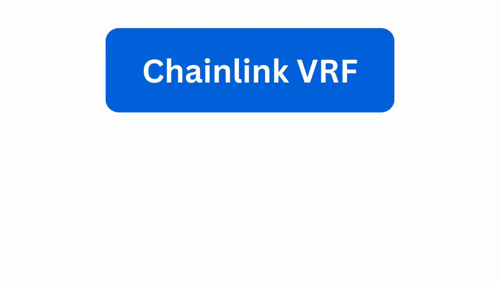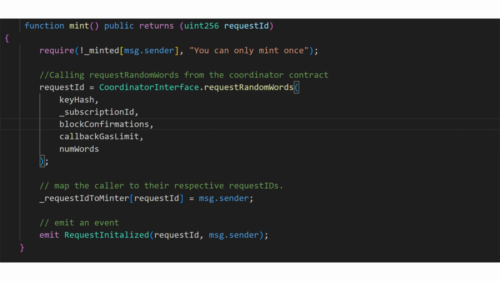In contrast, to plug in Chainlink VRF while maintaining the exact same experience for the user, we will need to break the mint function into two parts. The first part will remain the same. The user will still call the mint function to claim an NFT from our contract. Our mint function, however, no longer calls the actual underlying mint function.